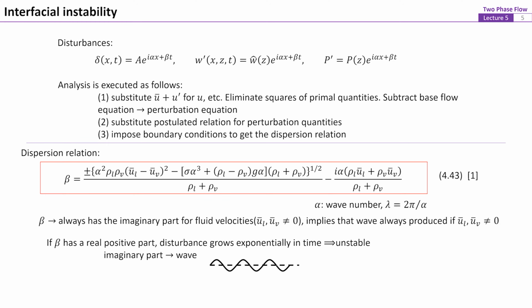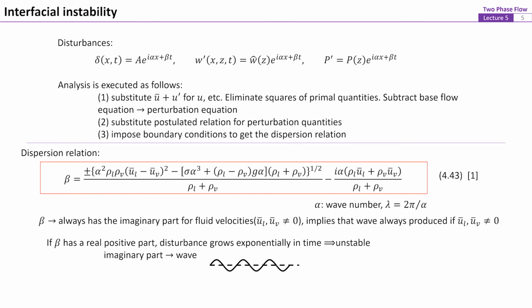Without going into much detail, which could be found in the textbook, the final result for the dispersion relation is shown here. From equation 43, beta has an imaginary part if the base flow velocity for the liquid or vapor is non-zero.